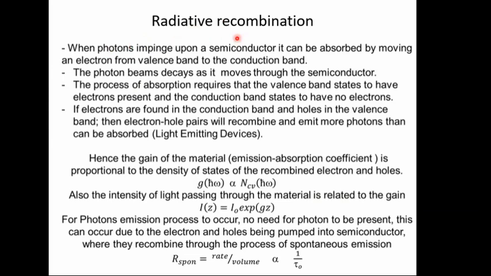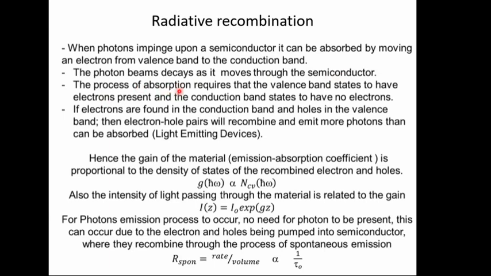We're talking about radiative recombination. What does it mean? When photons impinge upon a semiconductor, a photon can be absorbed by moving an electron from the valence band to the conduction band. The photon beam decays as it moves through the semiconductor.